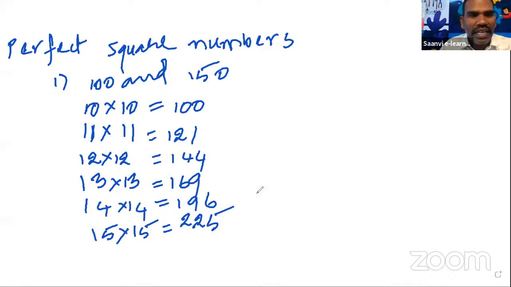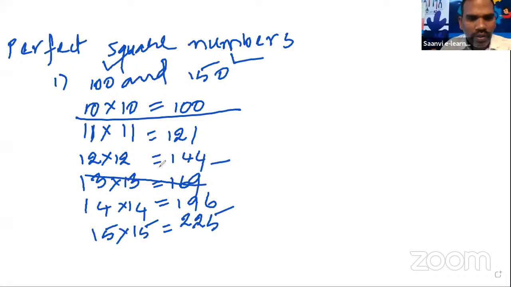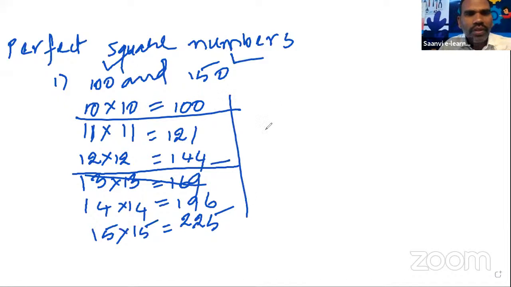But what we need? Here 100 to 150 is needed. Here 100, here 150. Up to here only. So what are those? The answer is 121 and 144.